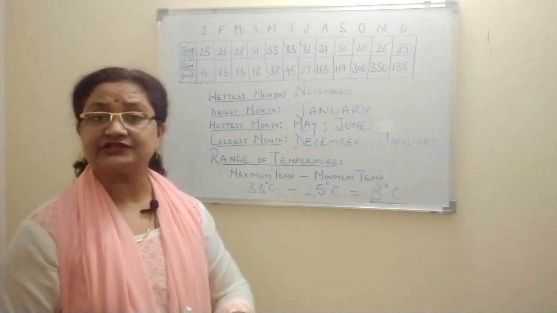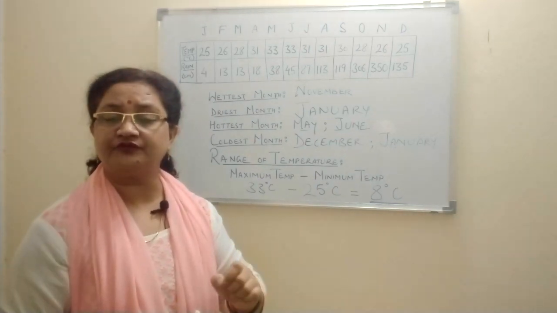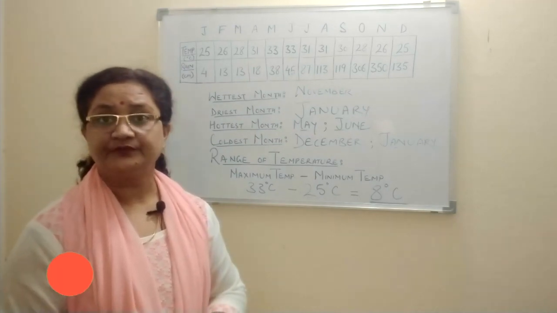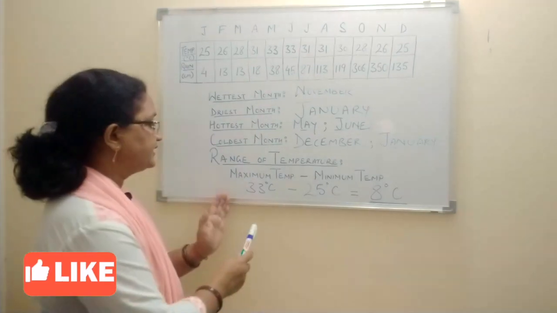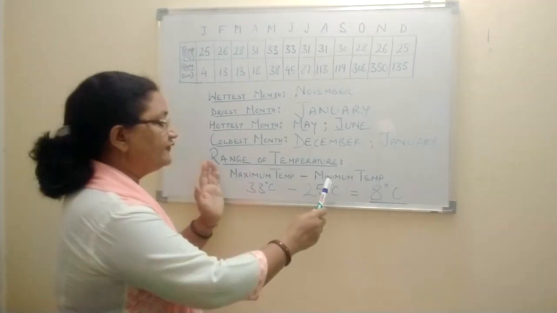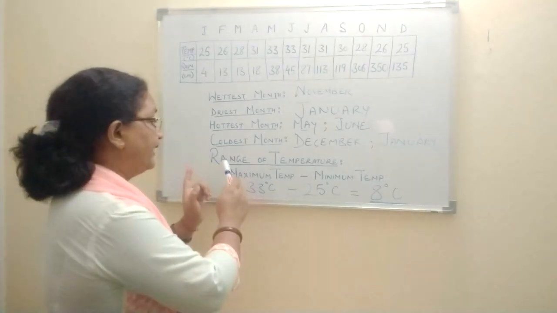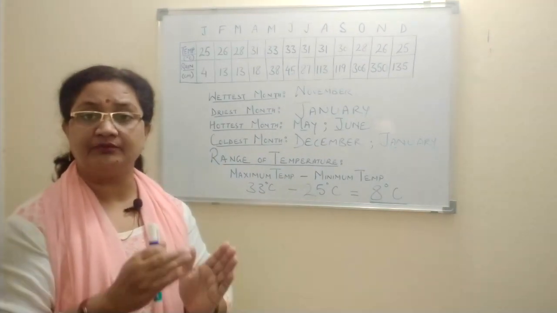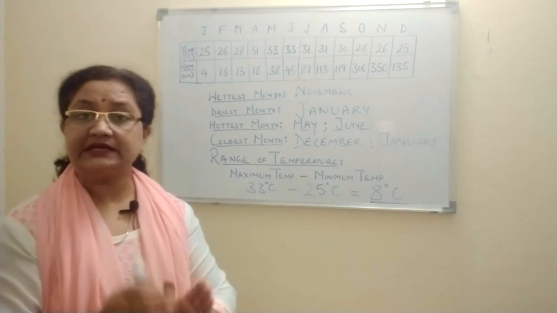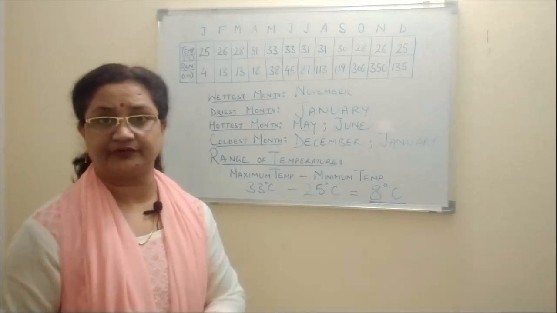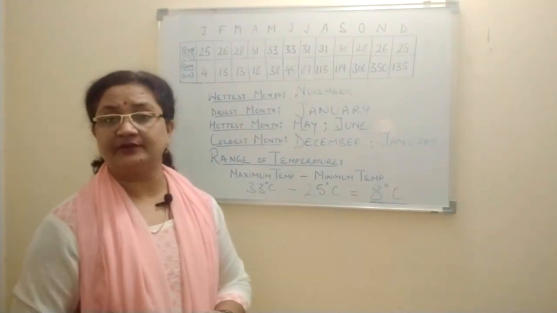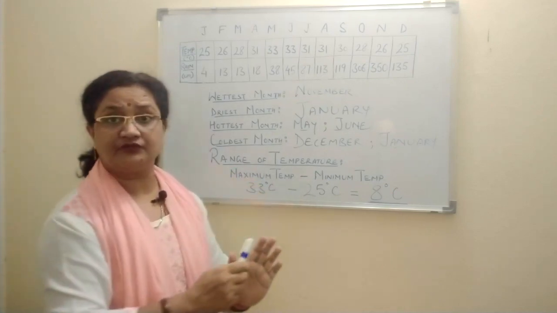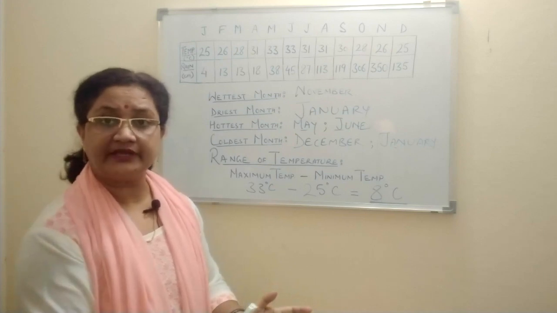Okay, next thing is children, very important part of it, that is called range of temperature. Now range of temperature is basically, the formula for this is maximum temperature minus minimum temperature. Maximum temperature minus minimum temperature is actually the range of temperature. Now according to the formula we have taken the values now, right?